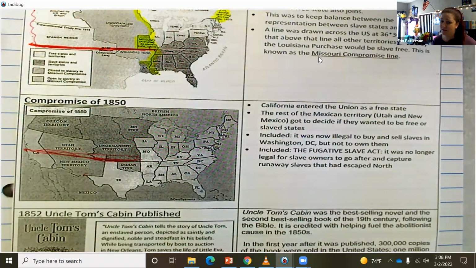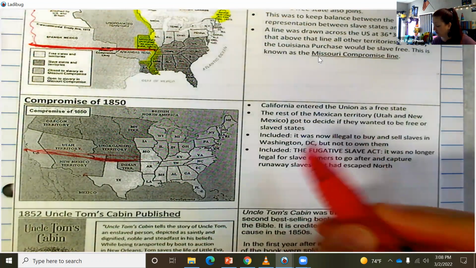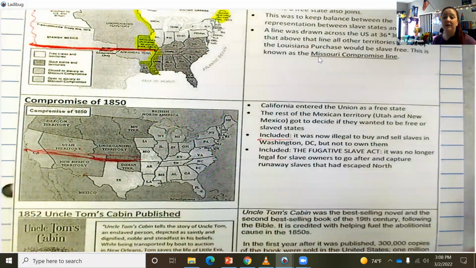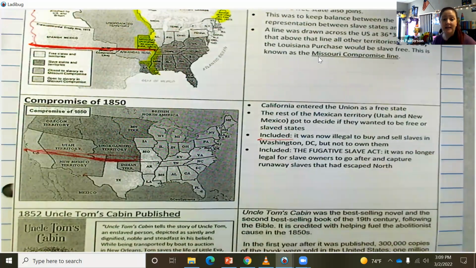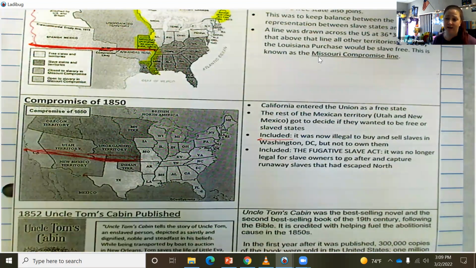A couple other things were slipped in there. It was now illegal to buy and sell slaves in Washington, D.C. That's a good thing. You cannot buy or sell slaves. But if you already have slaves, it's okay to own them. Still not great. Okay, and then we come up with the Fugitive Slave Act. It's no longer legal for a slave owner to go after and capture runaway slaves.